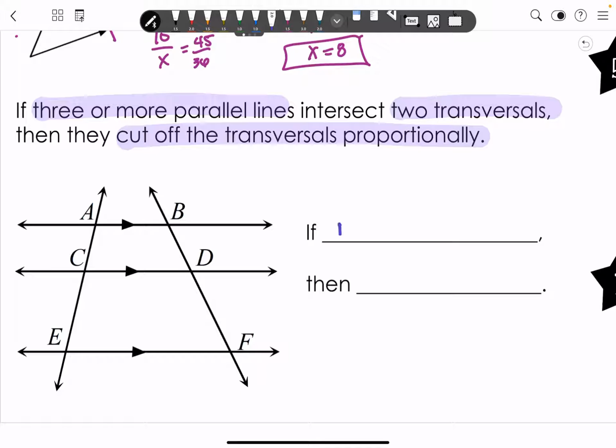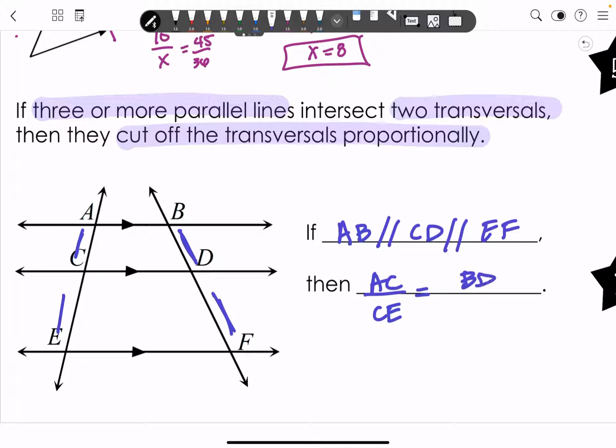If these 3 or more lines are parallel to each other, then we can state that this part right here is proportional to that CE. And same thing on the other side with BD being proportional to DF.